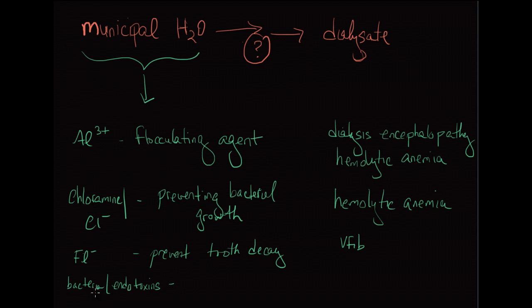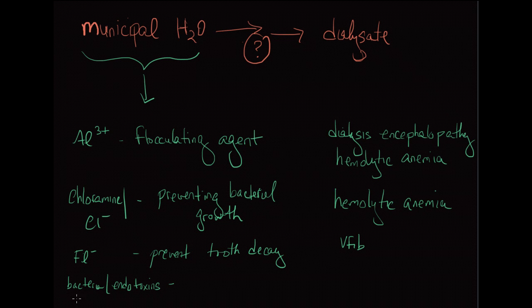It's not generated in real time. So if it's stored and you don't have chloramine or chlorine in the dialysate, then you're going to have a chance of bacteria and endotoxins growing. So you're going to have to do something when you make dialysate to keep bacteria and endotoxins from growing because you don't have the chloramine or chlorine anymore.